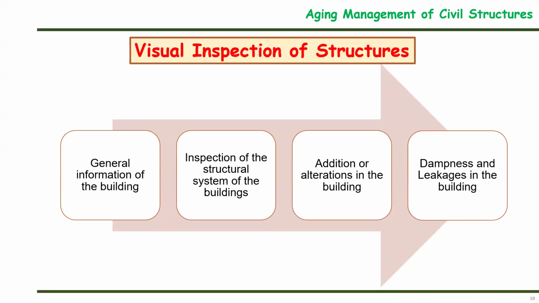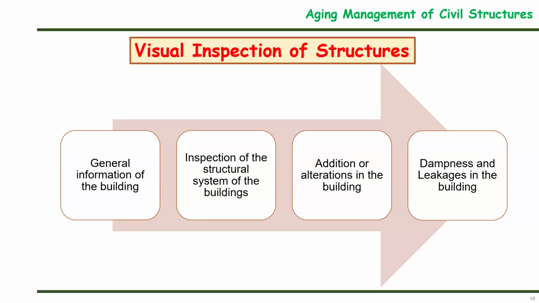What is this general information? We try to collect the as-built construction drawings, the original design basis report, the original structural analysis report, seismic analysis report, and design reports. Then we also try to collect the geotechnical parameters that went into the original design of the structure. All this data we try to collect during the first step.